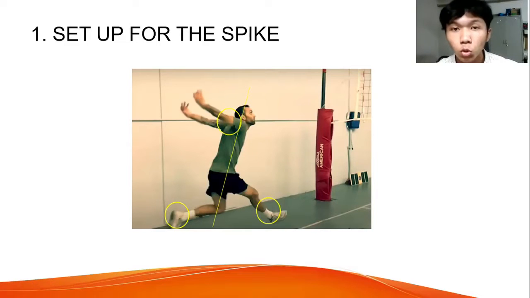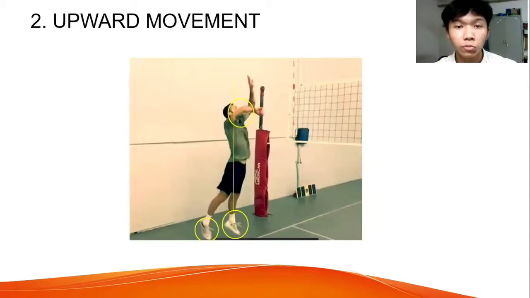Let's move on to the second one, which is the upward movement. For our upward movement, there are also three main things that I highlighted. From the front, as you can see from the picture, the dominant hand is performing flexion to make sure he targets the ball before performing the spike technique.